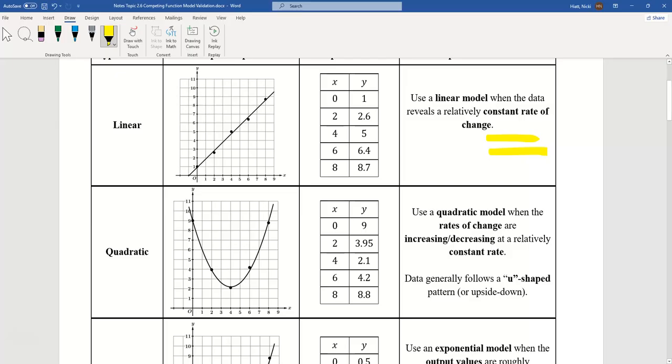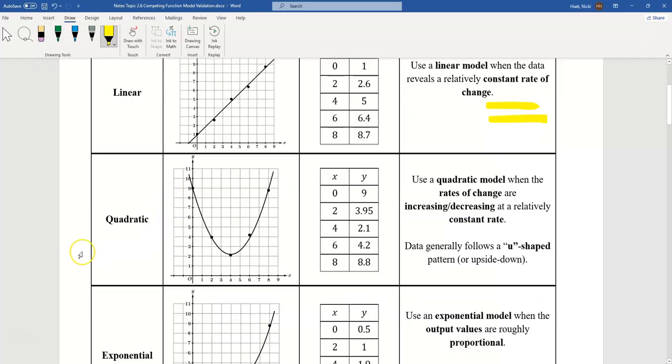On that second difference, we might get 1.9, 2.1, 2, 2.05, but they're pretty close in that case. And it's generally going to follow a U-shaped pattern or an upside down U. However, you can use pieces of quadratics where you don't see the minimum part of it there.